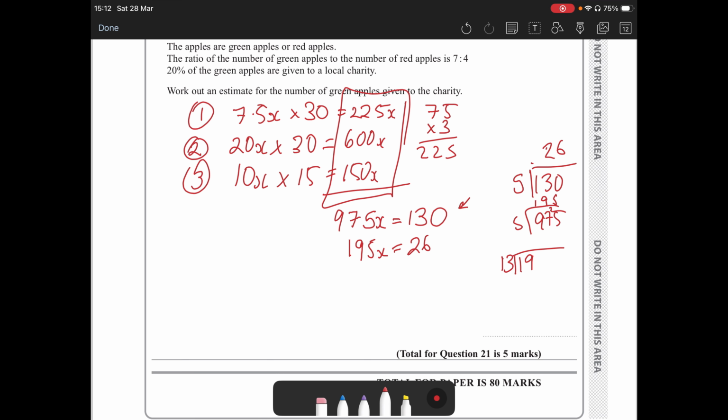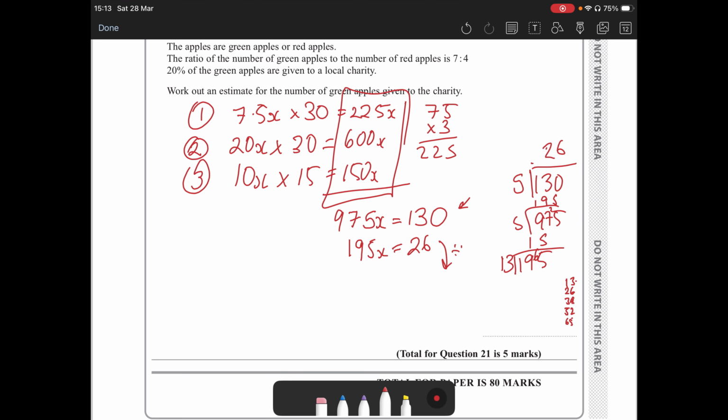So 195 goes in, remainder 6, and 13 goes into 65: 13, 26, 39, 52, 65, 1, 2, 3, 4, 5, 15 times. So we'll divide both sides by 15, sorry, 13, beg your pardon. So if we divide both sides by 13, okay, I've got it now.